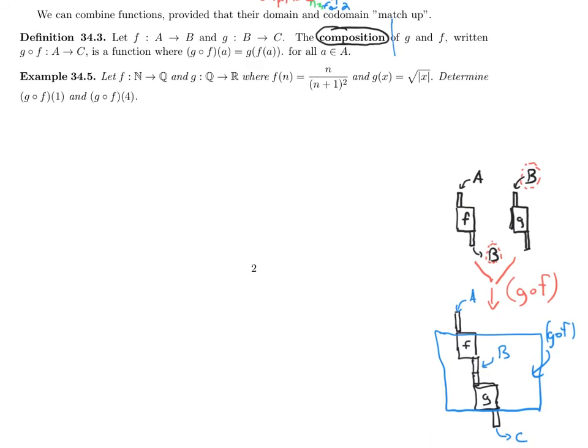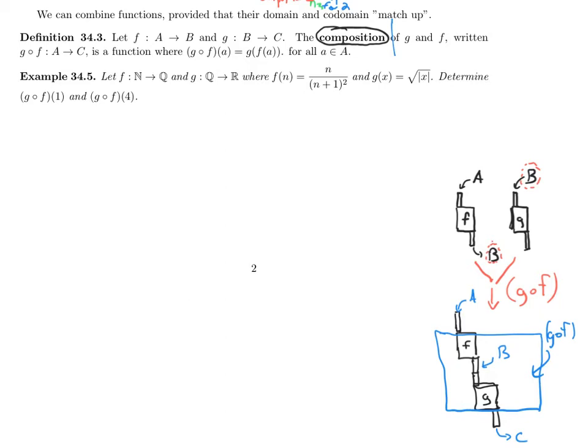Okay, so we have a function with a domain A and a codomain B. We call that F. Another function, G, from B to C. We call the composition of G and F written G circle F, and that's from A to C. And it's where G circle F of a, we read it as G of F of a. We're plugging in F of a into G for all a in A. And of course, the codomain is C.